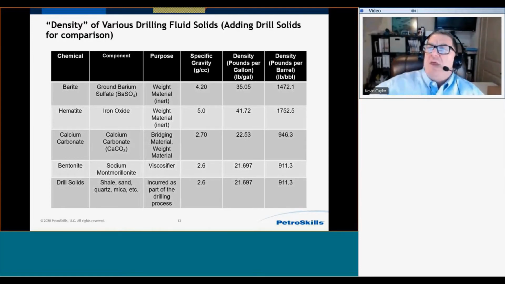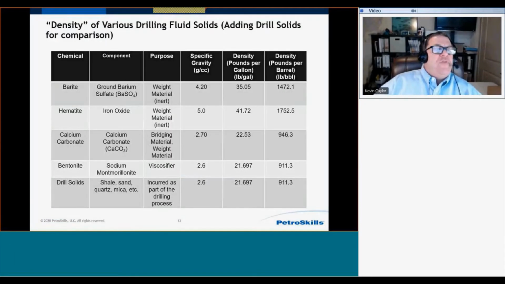And so if you look at barite, we know that 1,472 pounds of this chemical displaces 1 petroleum barrel. So as we add more barite, we begin to weight up that system. We know how much of an increase we should have to the overall system. And then again, you can see the same with hematite, calcium carbonate, bentonite, and drill solids.